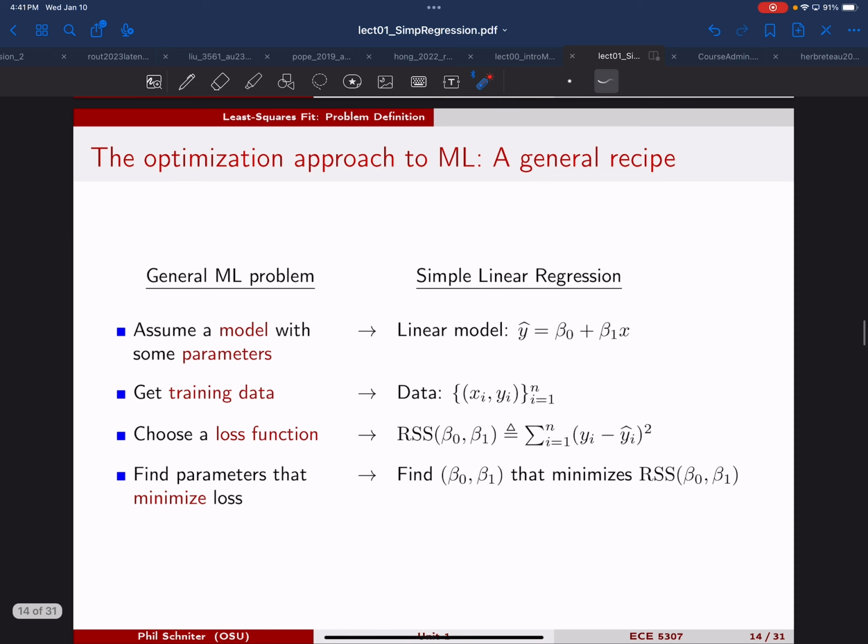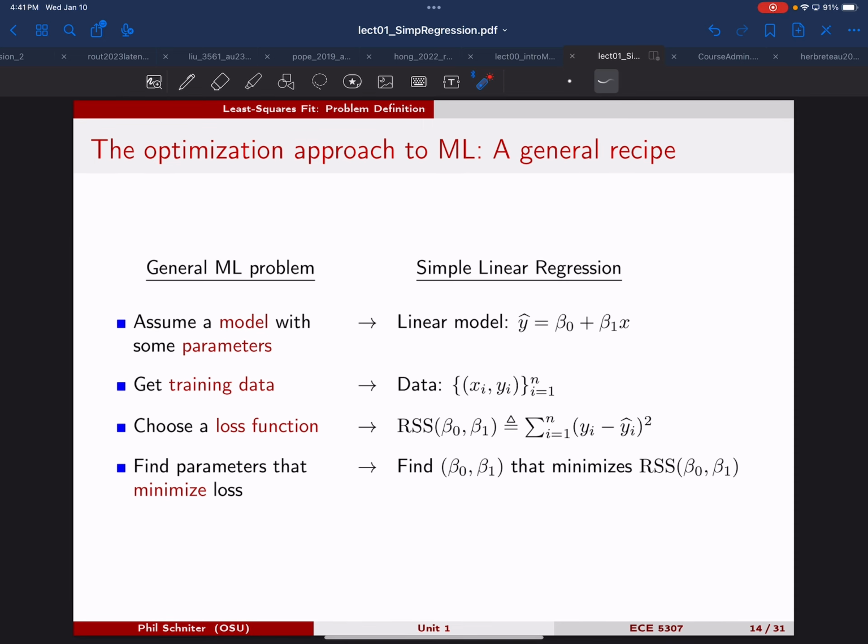Okay, so stepping back for a moment, what we're doing here is just one example of a sort of general recipe that we're going to apply to a lot of machine learning problems. And there's essentially like 4 steps. We're going to assume a model with some parameters. So for this first try, we're doing a linear model, and the parameters are beta 0, beta 1. We're going to get a bunch of training data.